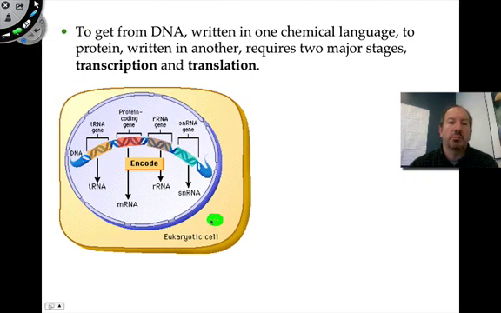So here's where the ribosomes are. If this is a ribosome out here in the cytoplasm, here's another ribosome, not drawn to scale. But this is where proteins are made out here. So DNA is inside the nucleus. It has to make RNA, and that RNA leaves the nucleus, and transfer RNA leaves the nucleus.